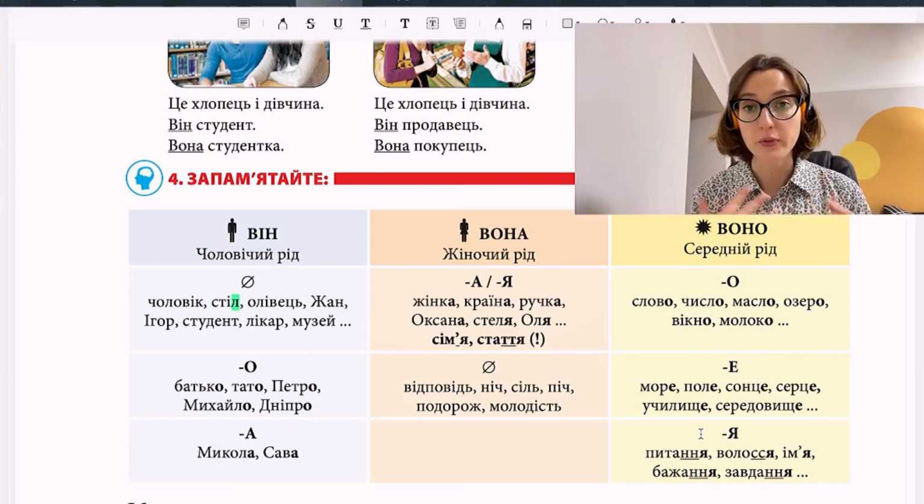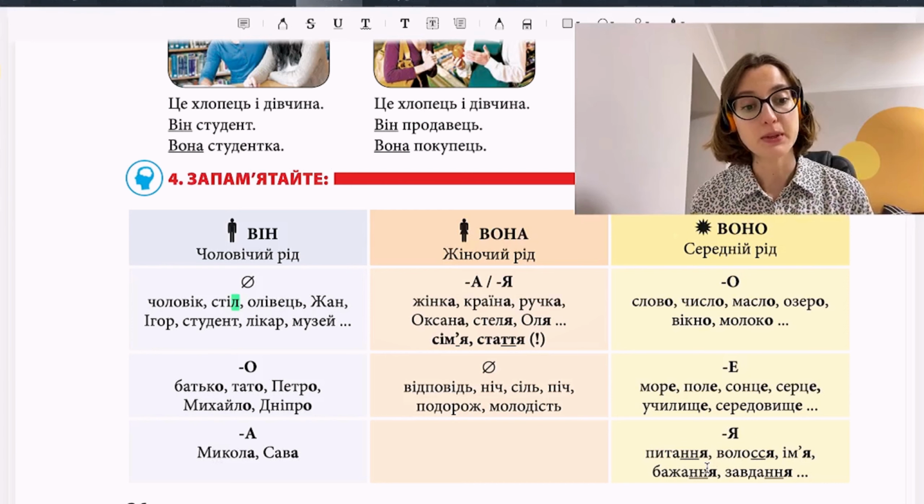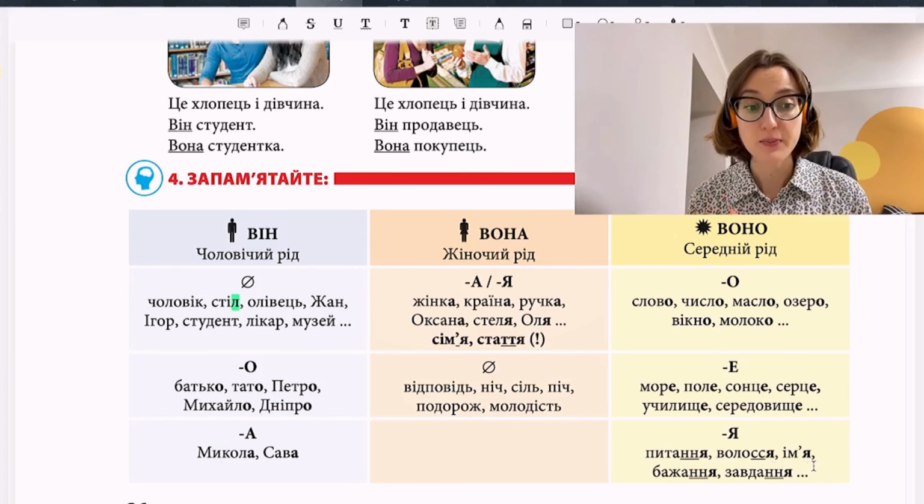For example, the word питання, a question, it has я at the end, but it refers to neuter. Волосся, hair, ім'я, name, бажання, a wish, завдання, a task, they all are neuter, not feminine.